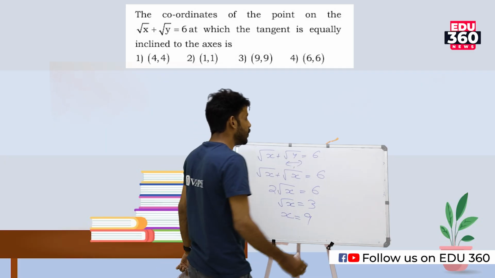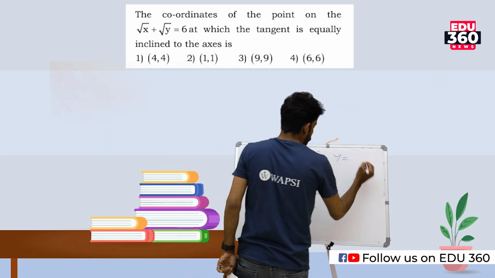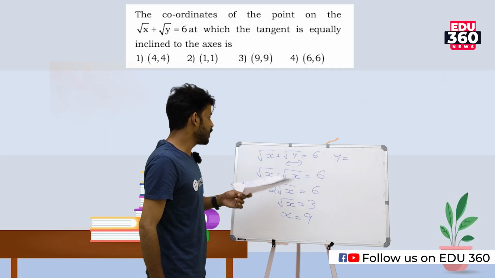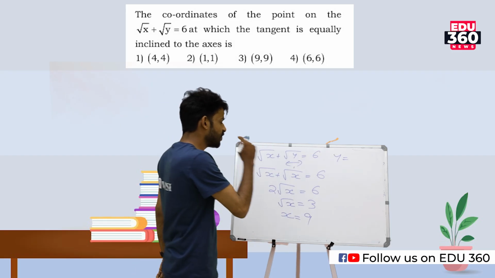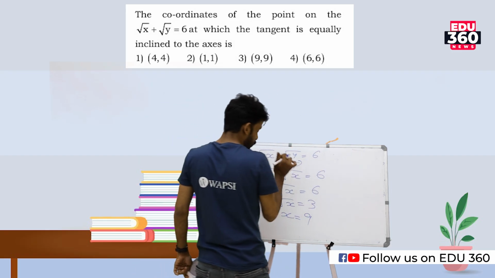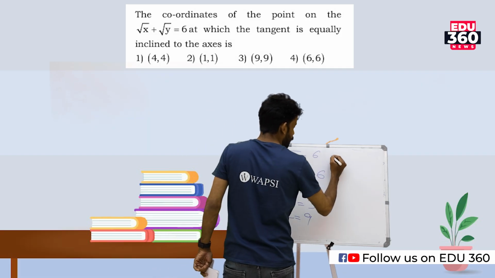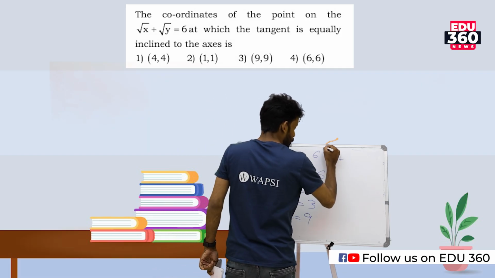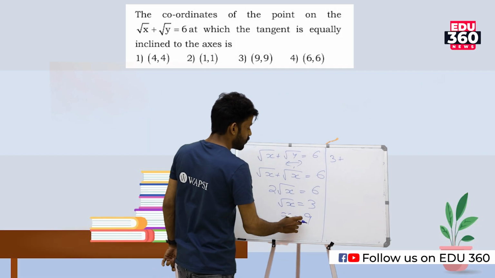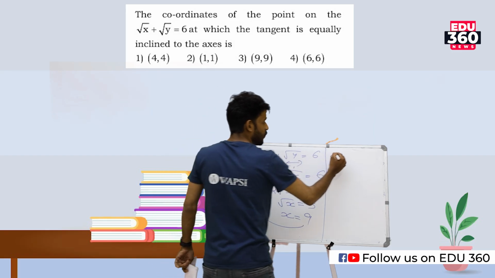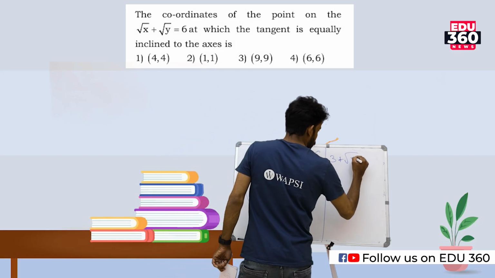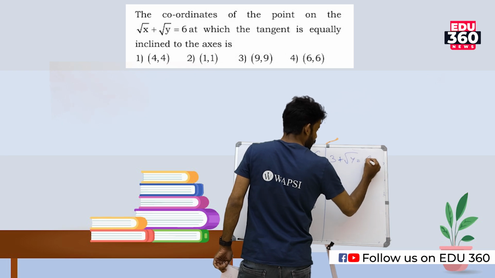Similarly y is equal to, x is equal to 9. So root 9, just substitute the value of x here. So root 9 is 3. So 3 plus root y is equal to 6.